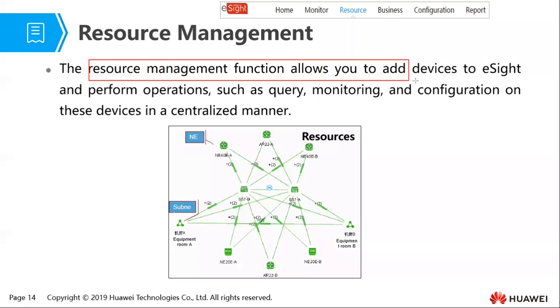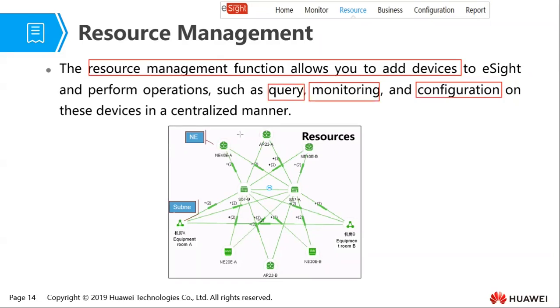So resource management function allows you to add devices to eSight and perform operations such as query, monitoring, and configuration on these devices in a centralized manner. These devices in your network are commonly referred to as NE, or network elements.